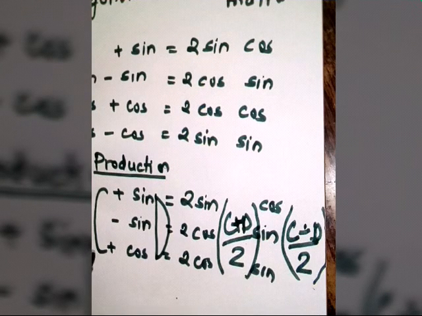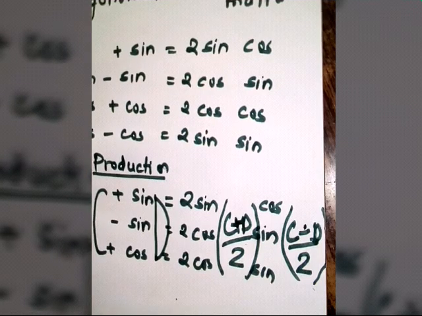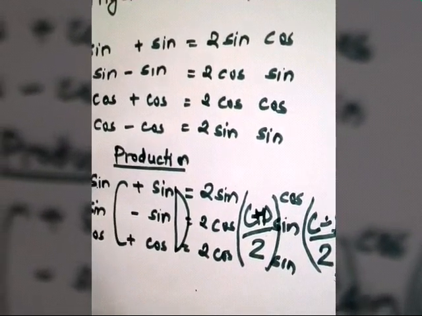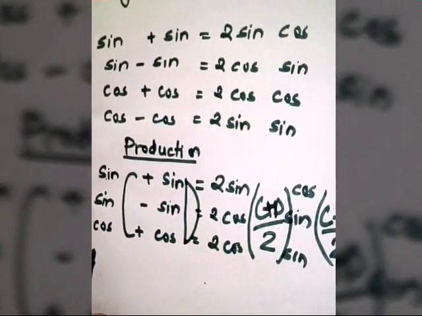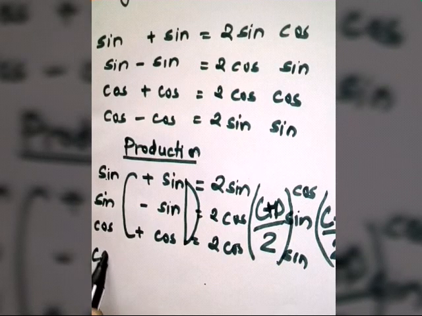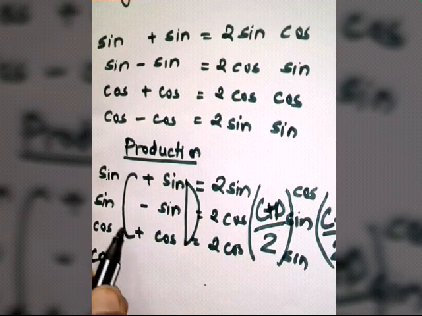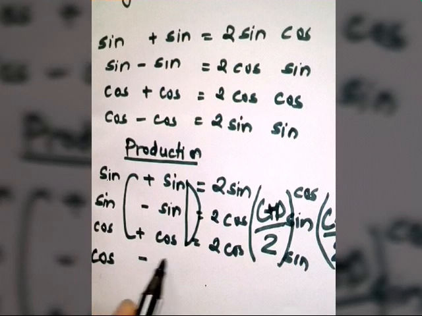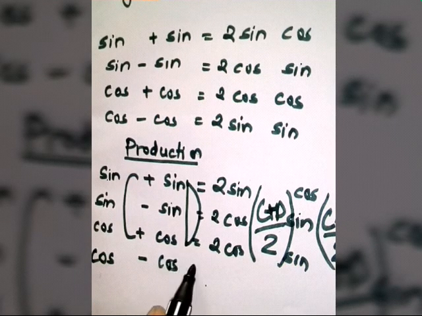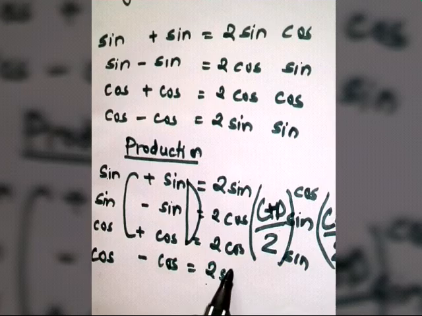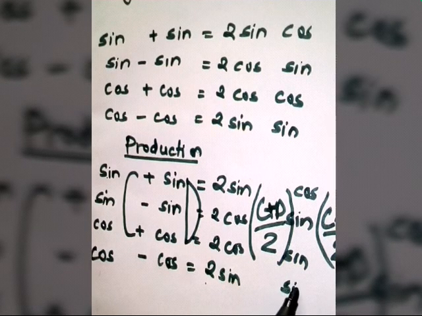Similarly you have the next one. So I think you get the concept. Now if you go for cos, the last case, why did I separate it? Because it is a bit unique, a bit different. So if we have cos c minus cos d, we know the pattern, that will be 2 sine into sine.